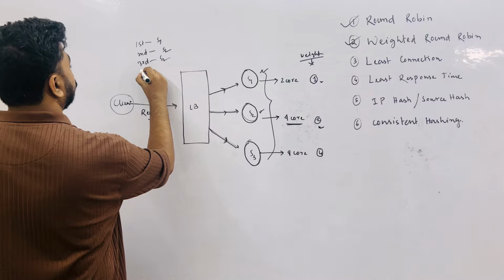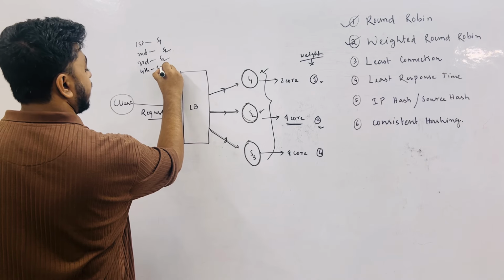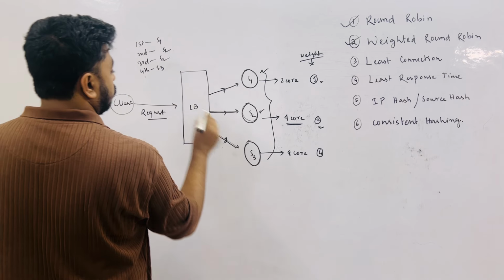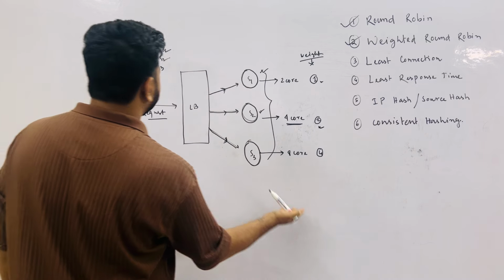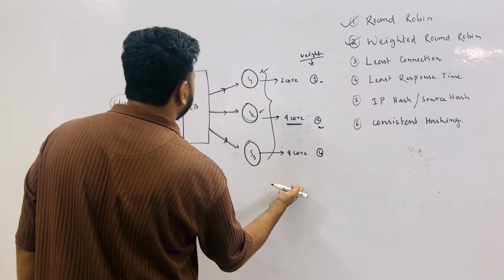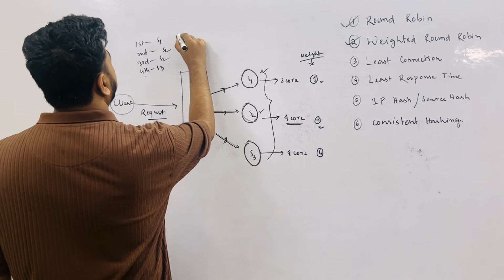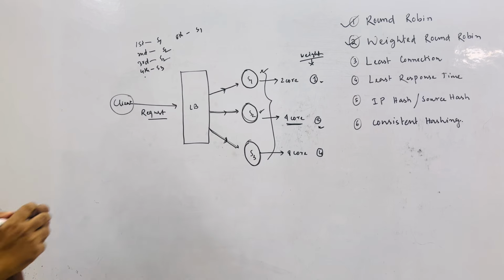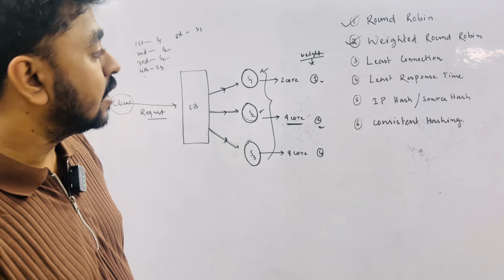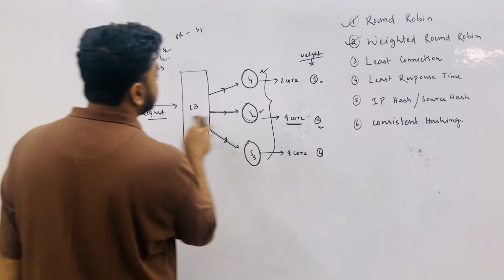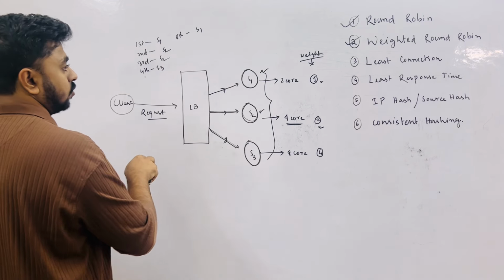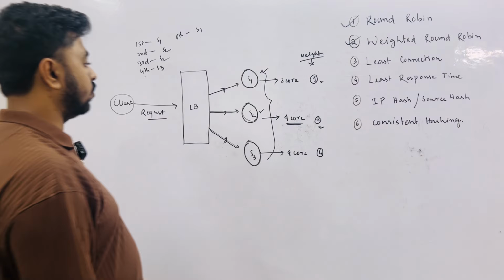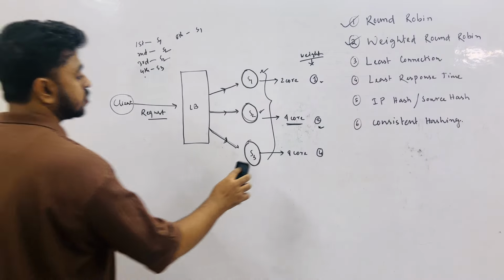So the fourth request will go to S3, consecutively the fifth, sixth and seventh will go to S3, then from the 8th request it will go again to S1. That means the weight of that particular server gets considered when distributing the load in this algorithm, that is weighted round robin. Okay, I hope you understand.